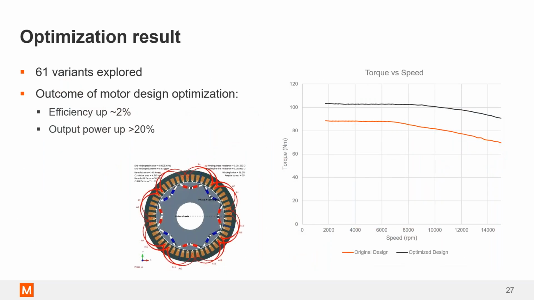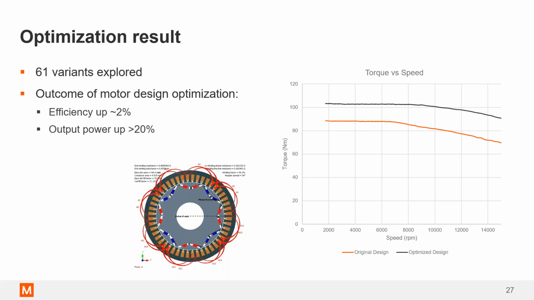Off it went, and ran about 60 different variants of this motor, changing little things here or there, whether it's geometry or winding information. It came out with a fairly well improved design without massively changing the overall machine geometry or the manufacturing requirements.